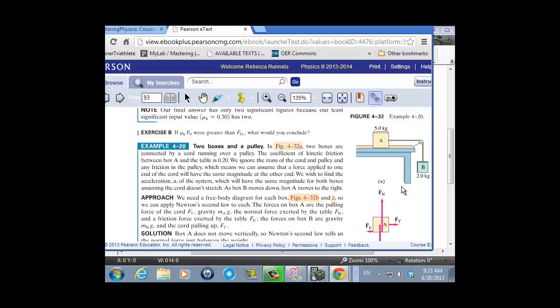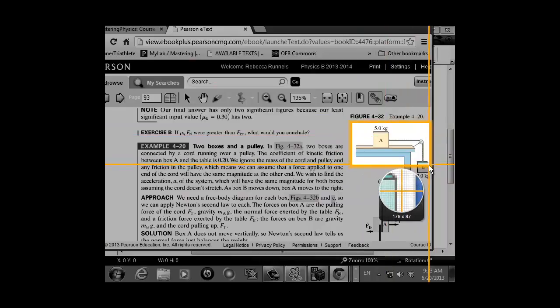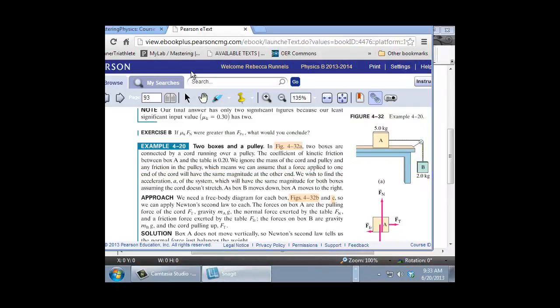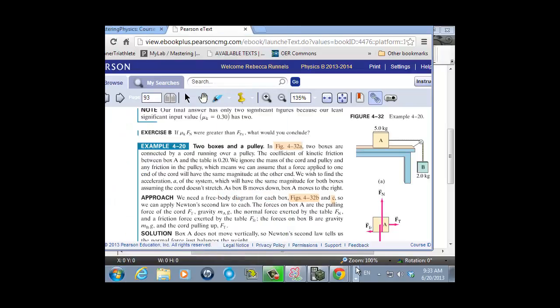Is the gravitational force on box B going to be greater than the static friction of box A on the table? We will assume that, because they don't give us the static friction on the table. Since they don't give us the static friction, we have to assume that it must be moving, because didn't they only give us a kinetic friction?